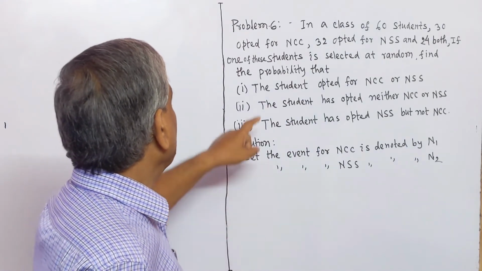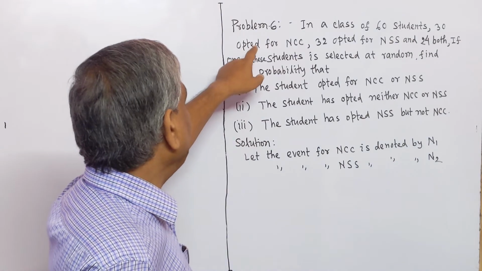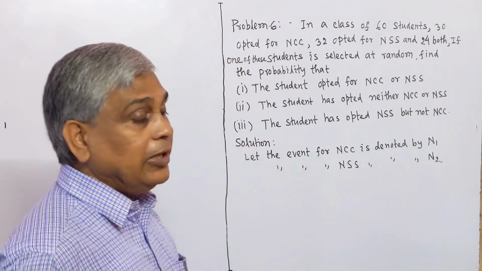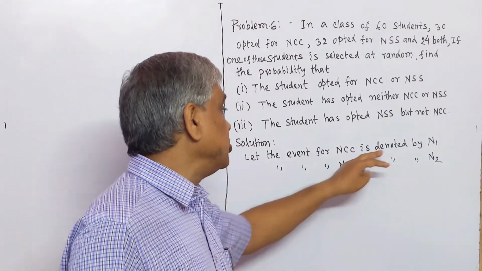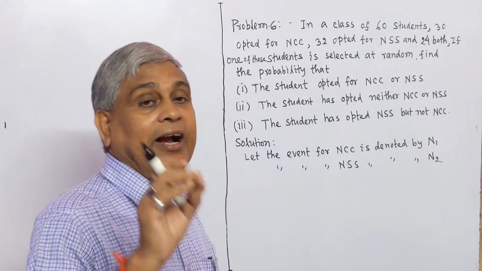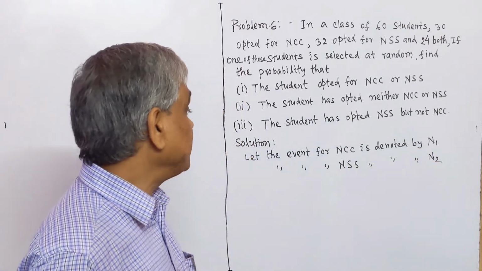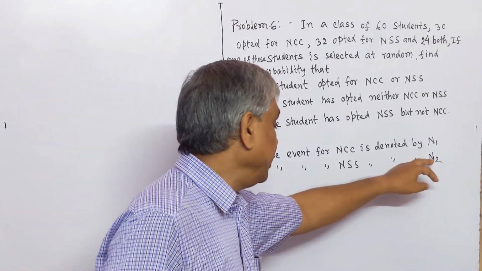Here we solve the problem one by one. Let the event for NCC be denoted by N1 and the event for NSS be denoted by N2.